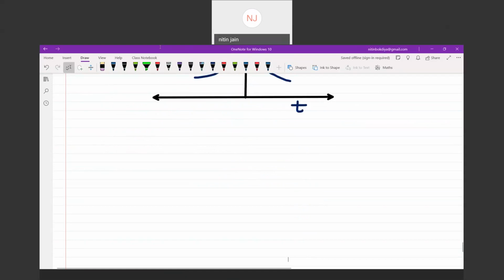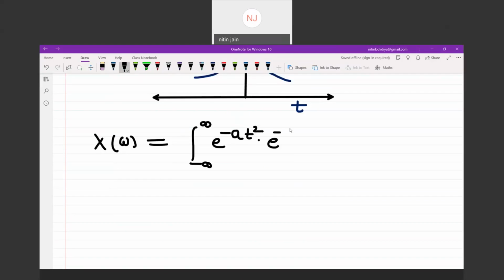The Fourier transform of this function, X of omega, is the integral from minus infinity to infinity of x of t, which is e to the power minus a t square, into e to the power minus j omega t dt.